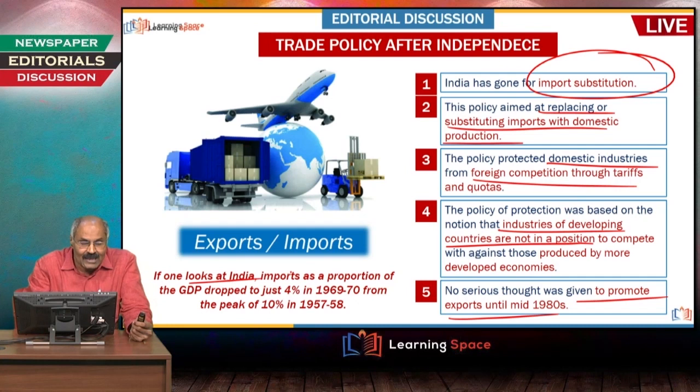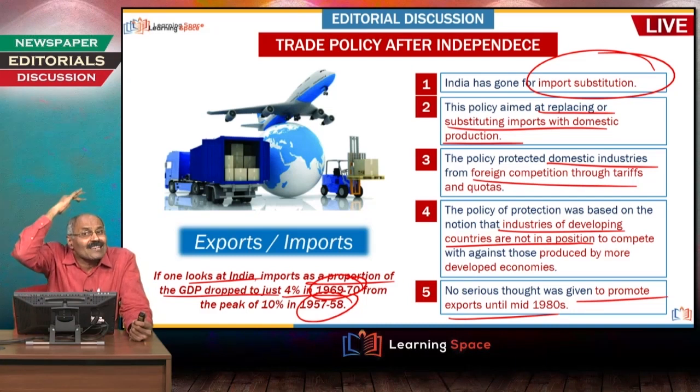If one looks at India, imports as a proportion of GDP dropped to just 4% in 1969-70 from the peak of 10% in 1957-58. So they dropped in 10 years from 10% of GDP to 4% of GDP because of the excessive controls on imports.